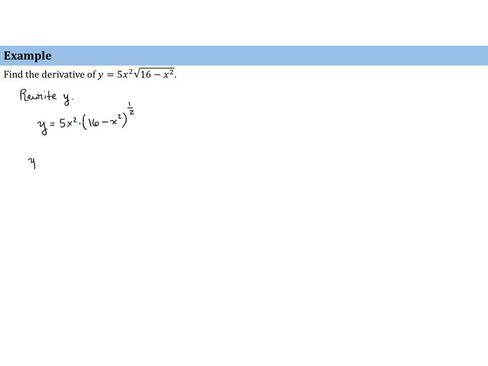So to differentiate, we need the product rule. Again, we will take the derivative of the first quantity, d/dx of 5x squared, times now the second quantity, (16 minus x squared) to the 1/2 power, plus the first times the derivative of the second.